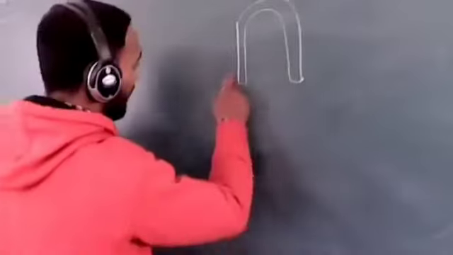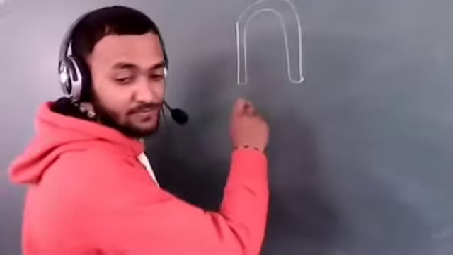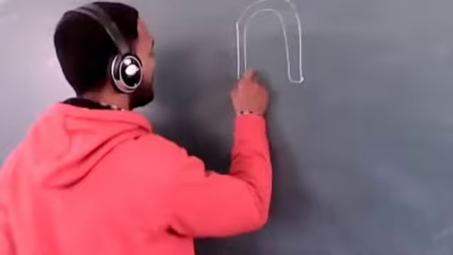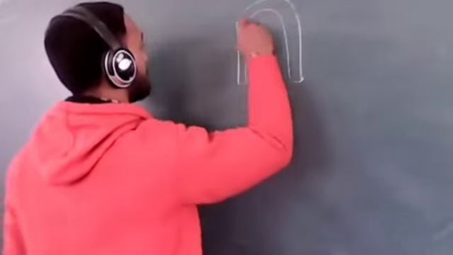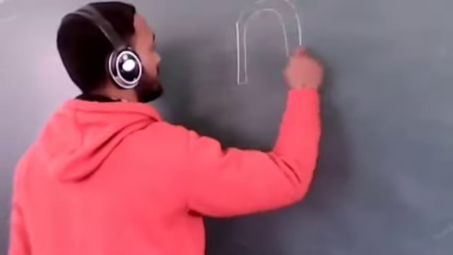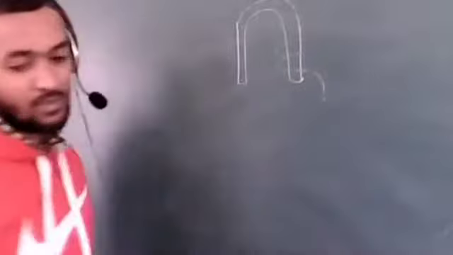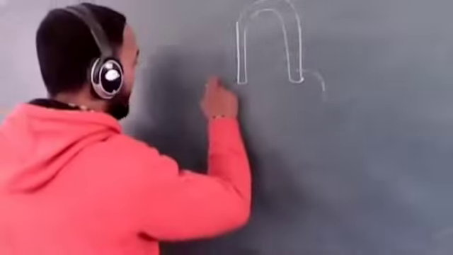Take a U-shaped soft iron core. Make a coil of 20 turns. You have to make a coil of 20 turns like this. Okay. Now you have to connect this wire with a battery and switch.